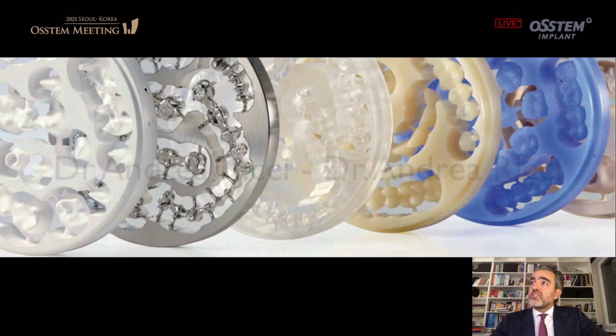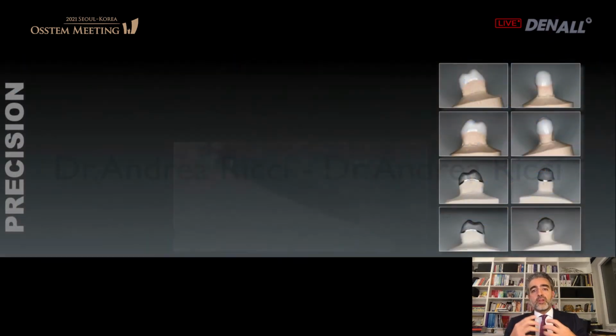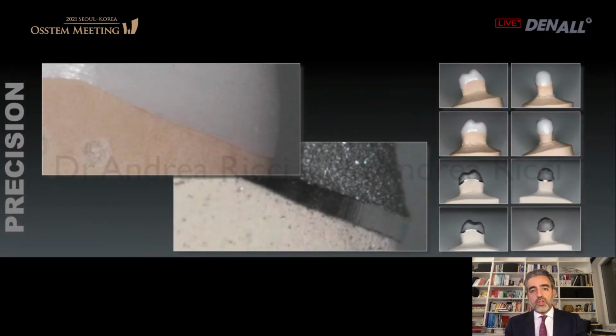We can use titanium, we can use PMMAs, we can use zirconia. And nowadays, if you have a technician who is properly trained to utilize this technology, precision is not an issue anymore. Okay.